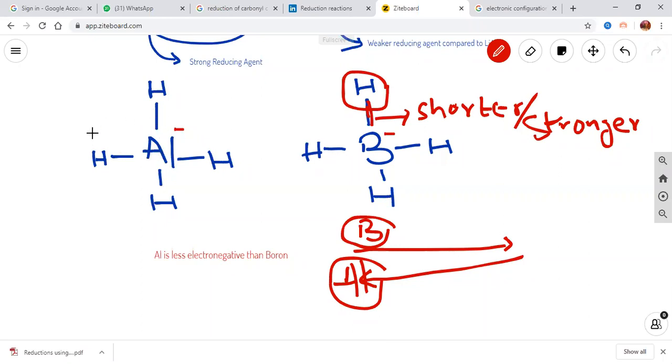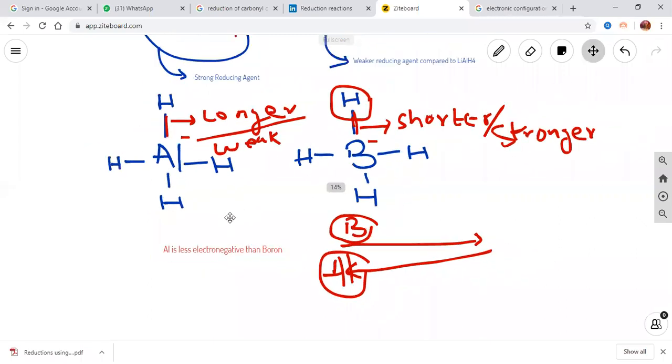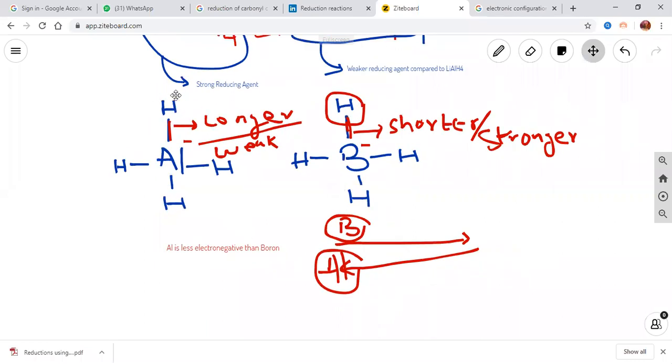So this bond is shorter and stronger, but this bond is a bit longer and weaker. So it means the hydrogen can easily break away.